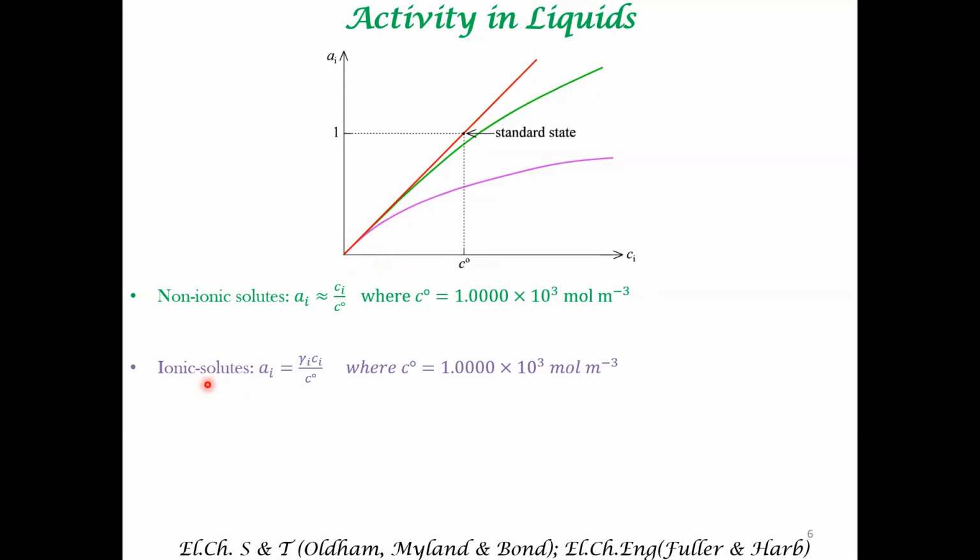We will look into the reason why that is so. For an ionic solute, you define the activity in terms of an activity coefficient times c_i divided by c naught. Again, we have substituted one unknown with another unknown. Here the unknown is the activity coefficient, which is gamma_i. Again, c naught is some standard concentration.